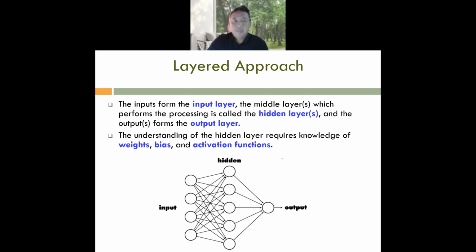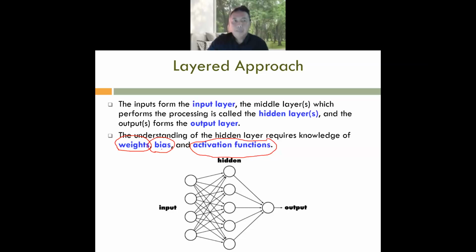For each of the input that we have, there will be a weightage. During the training, the weightage will be fine-tuned, and also the activation function. This depends on which function we use, and the bias is used to adjust the weightage that we have.